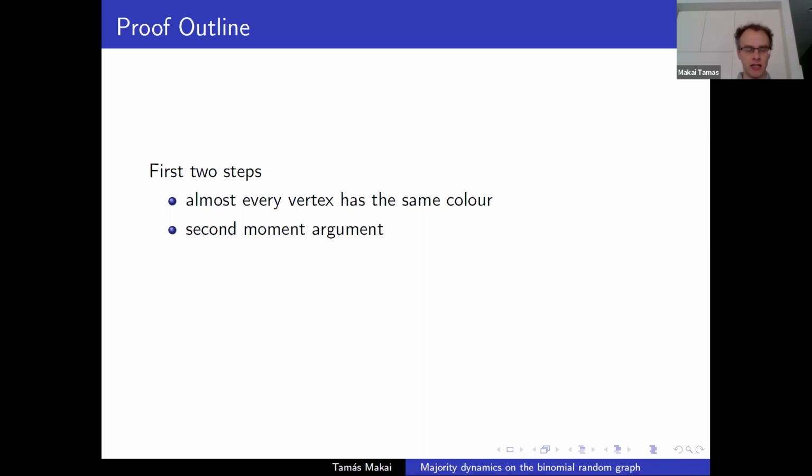In the first 2 steps, we get from essentially having 2 color classes of the same size to almost every vertex having the same color. We'll use a second moment argument for this. And in the last 2 steps, we'll show that we can get from almost every vertex having the same color to actually every vertex having the same color.